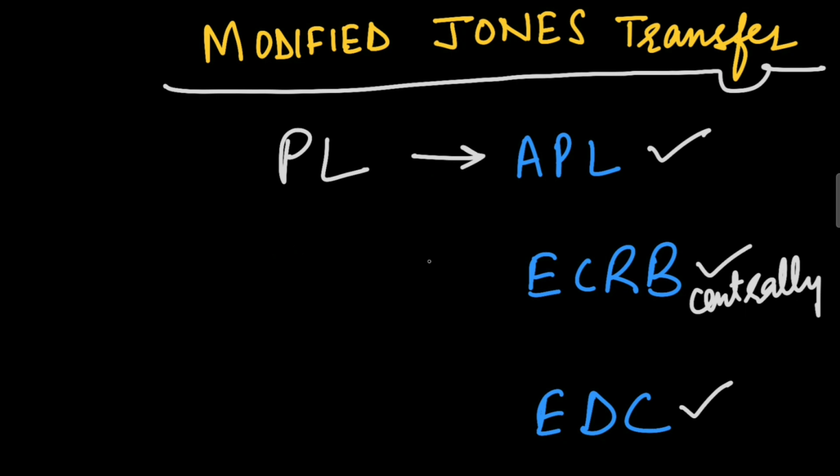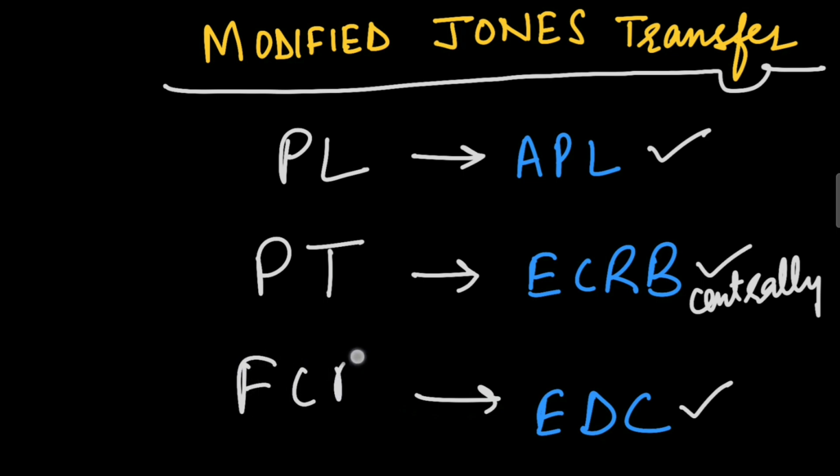Secondly, ECRB will be given by the pronator teres muscle, and the extensor digitorum communis will be given by the flexor carpi radialis. Another question that is asked in this step is why are we favoring the FCR and not the FCU? That is because FCU is a stronger wrist flexor, so we are not sacrificing the FCU. We are instead sacrificing the FCR.